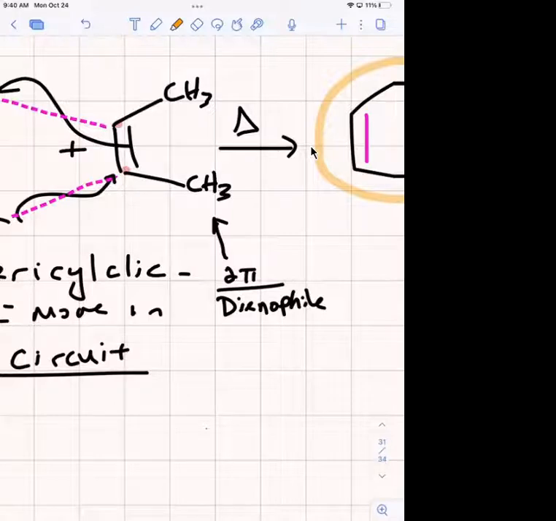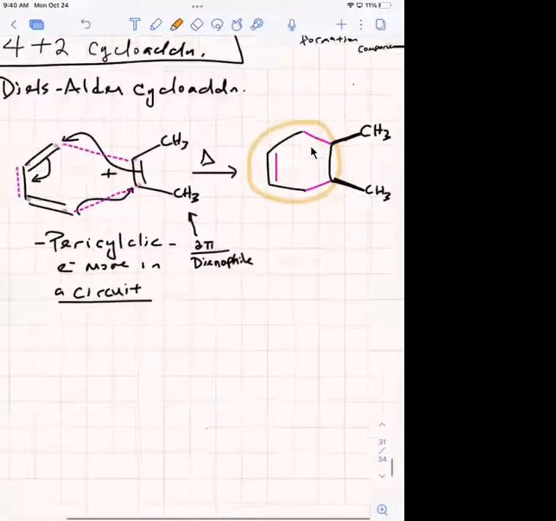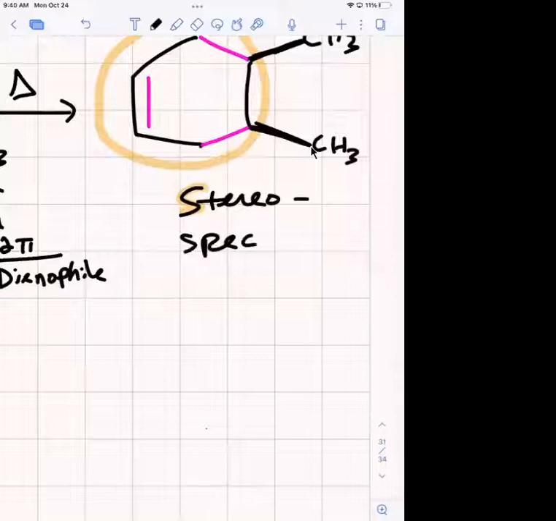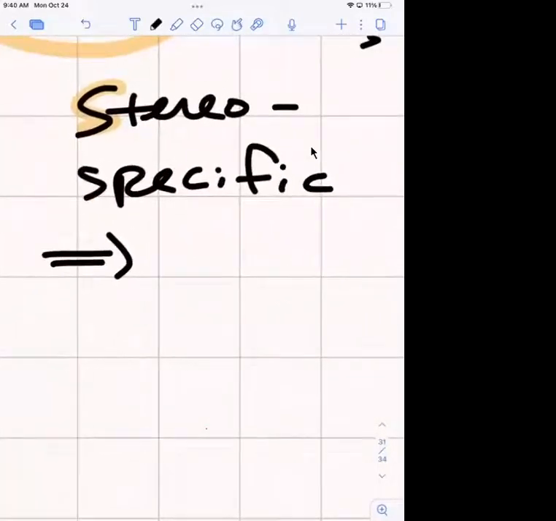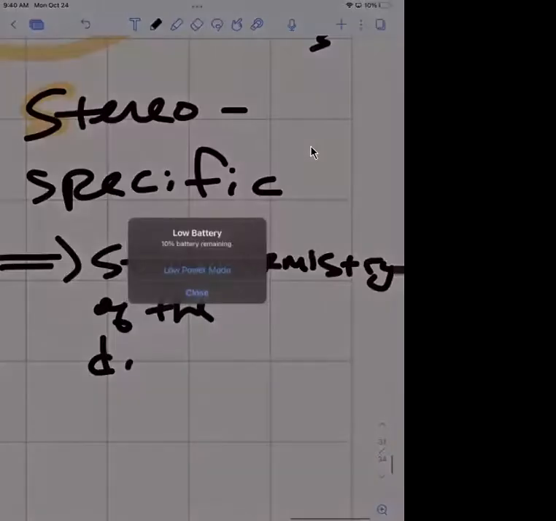So that's right. So when you do a reaction like this, we say that the reaction is, I'm gonna write it over here, stereospecific. What that means is the stereochemistry of the dienophile is maintained.